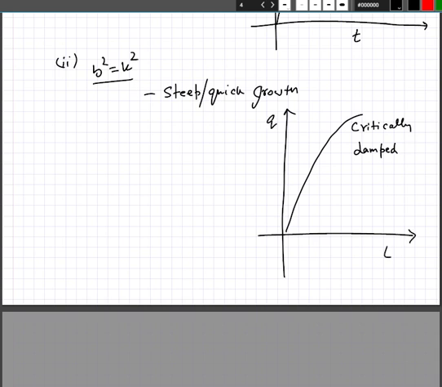Q versus T. Charge rises exponentially but fast. That's all. It is an exponential curve.